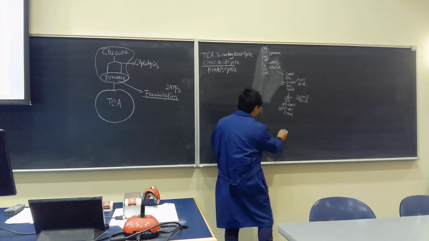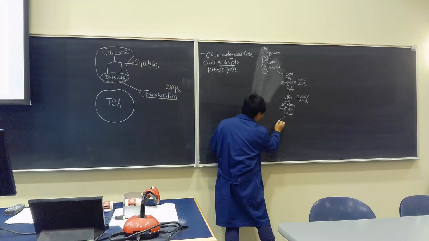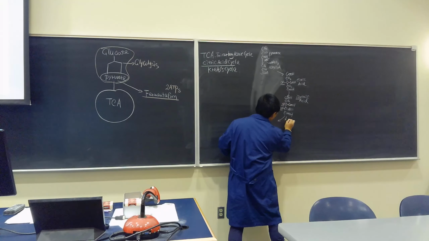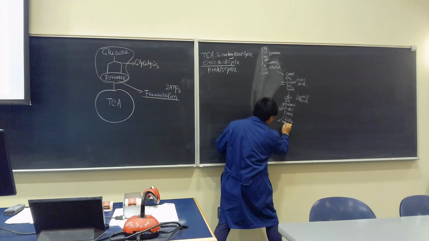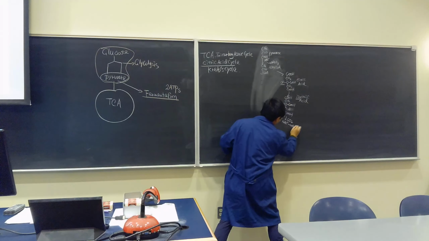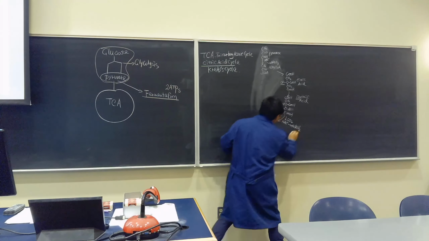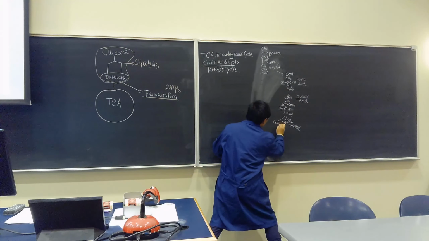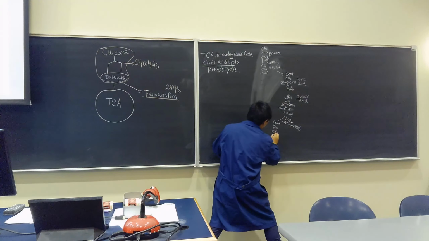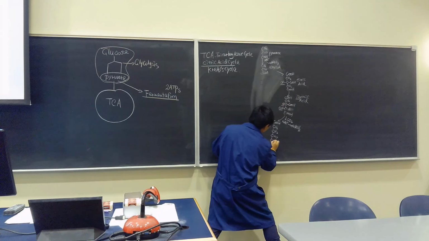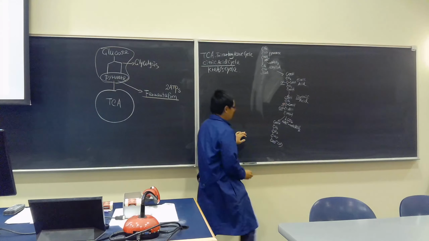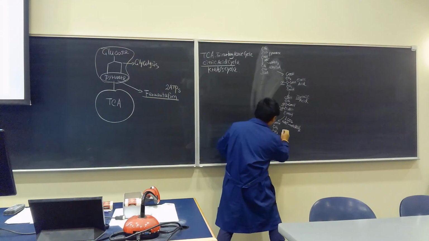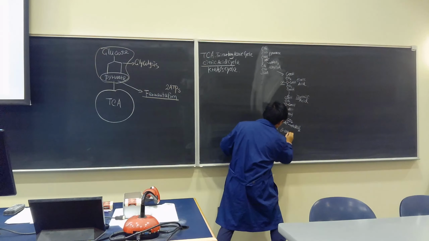So next, what happens is absolutely carbon dioxide is going to go, and NAD plus is reduced to NADH2, and it will become a chemical called alpha-ketoglutarate. So this guy is alpha-ketoglutarate.